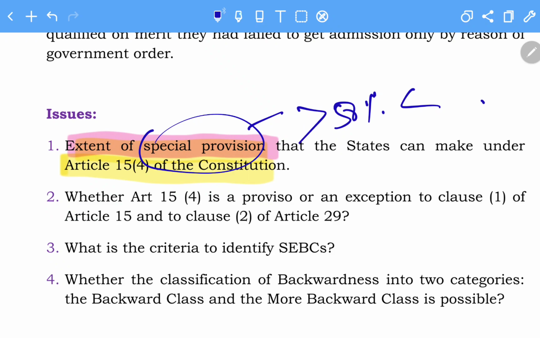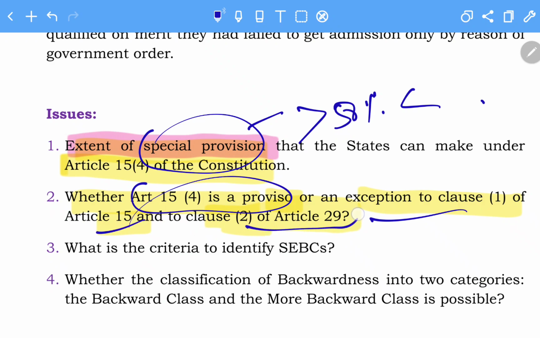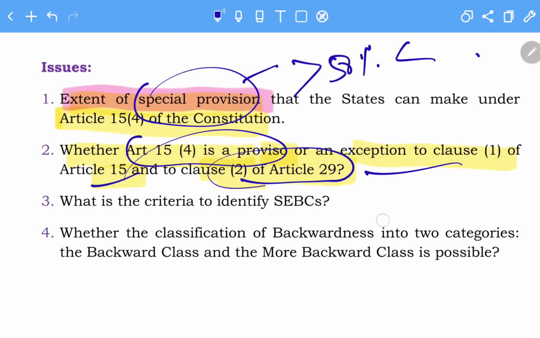The next question before the court was whether Article 15 Clause 4 is a proviso or an exception to Clause 1 of Article 15 and to Clause 2 of Article 29. So this was another question in this case. What is the effect of Article 15 Clause 4? Whether it is an exception to 15 Clause 1 or Article 29 Clause 2 as well.